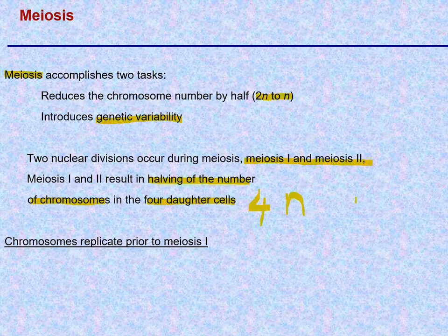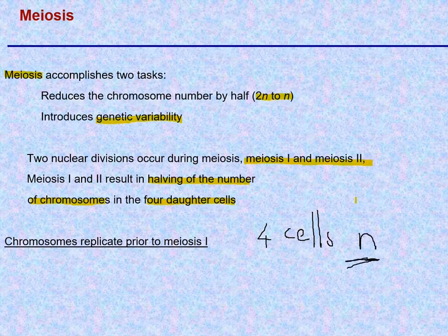Okay, I should really write it this way: 4 cells are produced, spermatozoa or sperm cells, and they have N chromosome count.